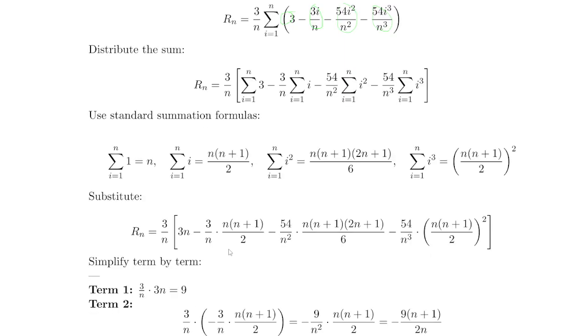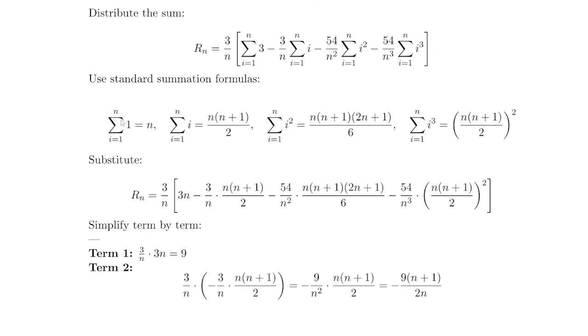So to do this, we want to use these nice formulas. The sum of 1 from i equals 1 to n is n. The sum of i from i equals 1 to n is n times (n plus 1) over 2, etc. So we use that, and then this is what we get. So then all we have to do is just simplify.